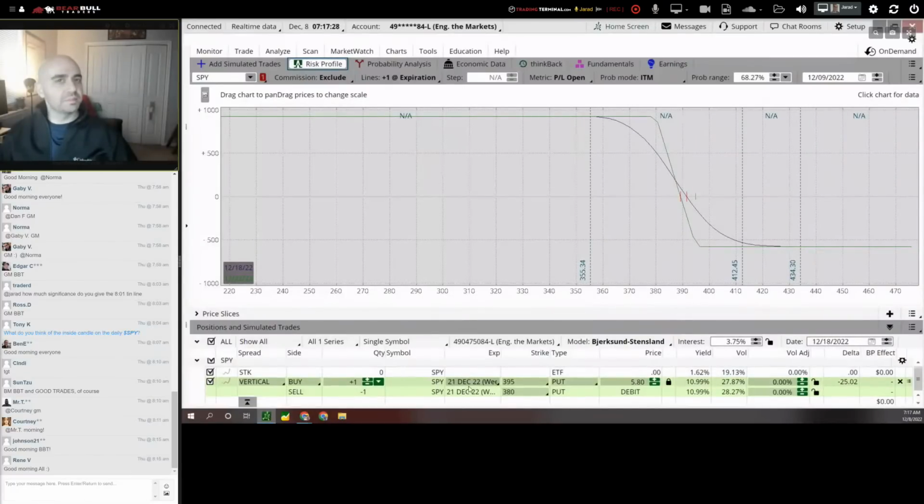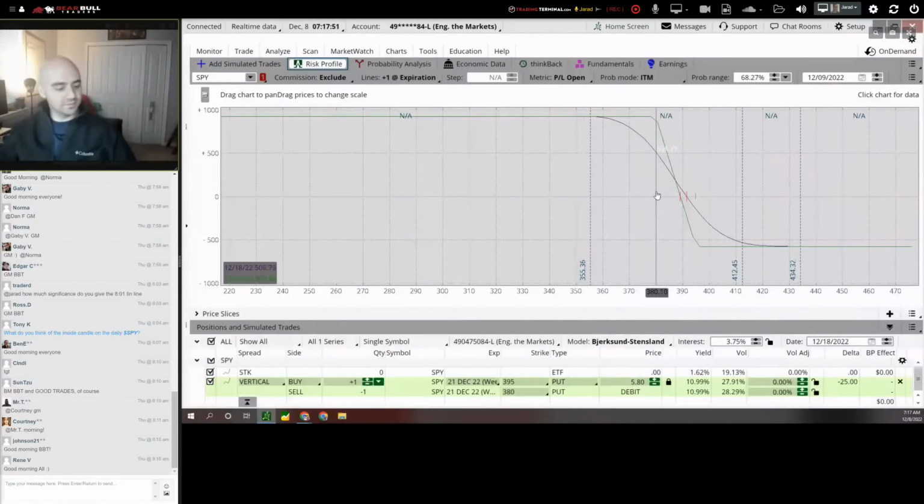Let's say we're giving it a couple of days prior to expiration. At your 380 target, this particular trade would have doubled in its cost. We were paying about 580. It would at that point be probably worth about 1,010 for the debit.